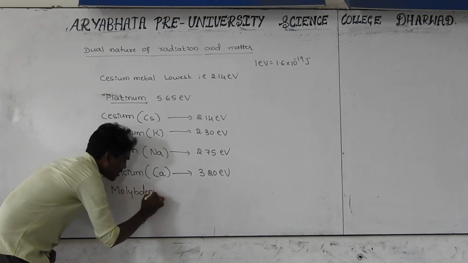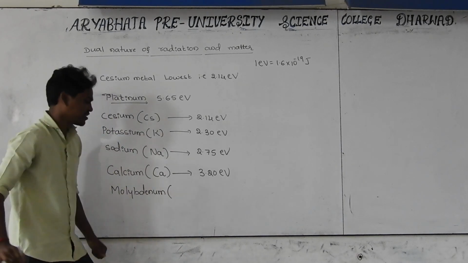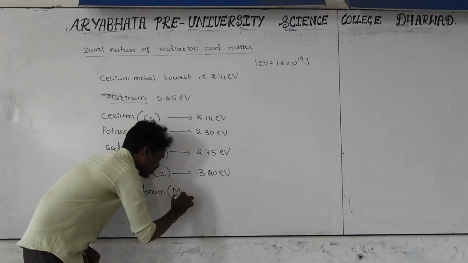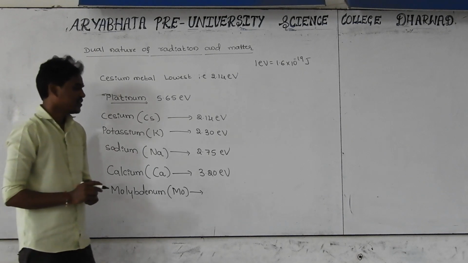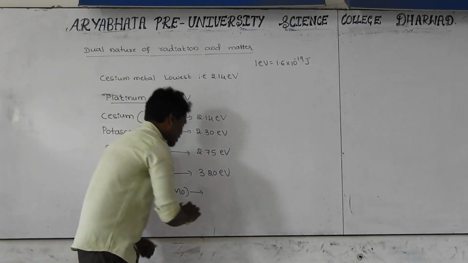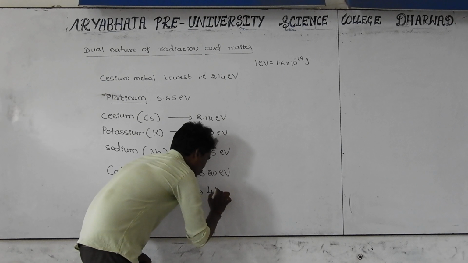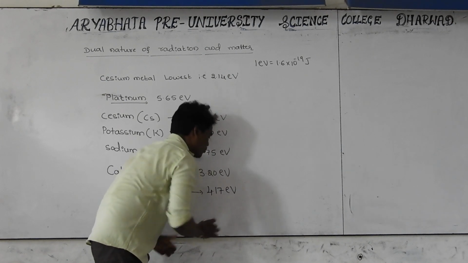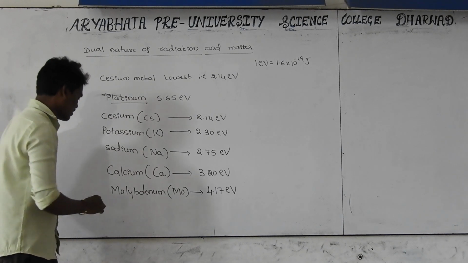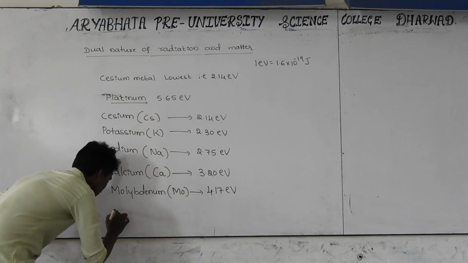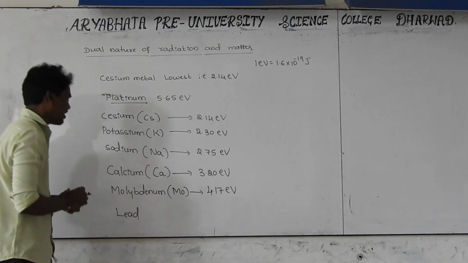And the next one is molybdenum. In order to emit the electron from the surface of the molybdenum metal, we need to supply the minimum amount of energy, that is 4.17 electron volt. And after molybdenum, the next one is lead, indicated as Pb.